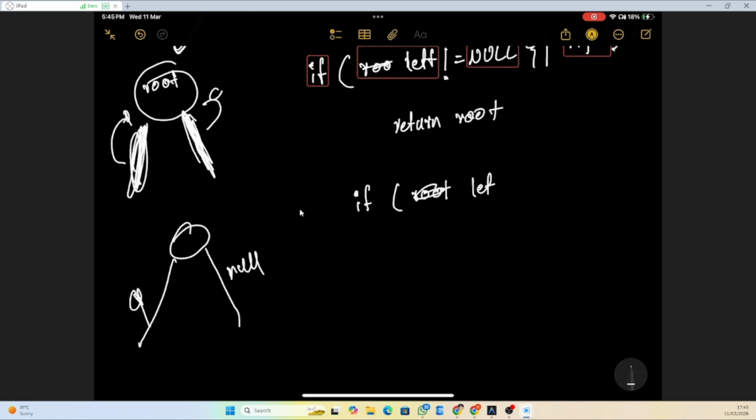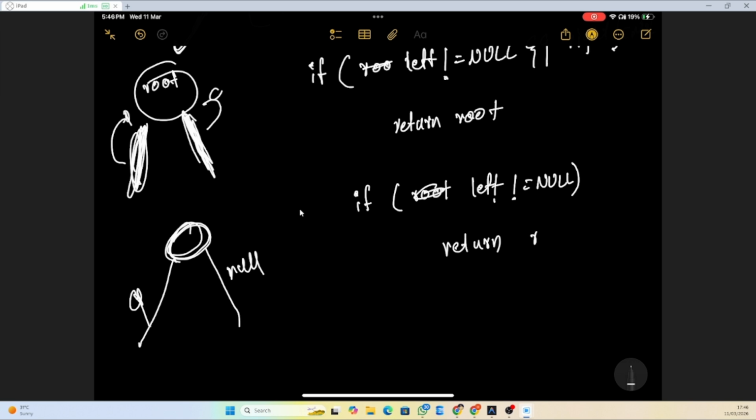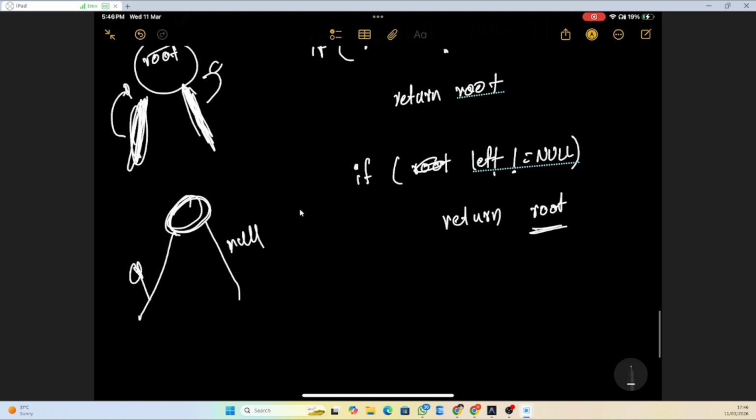If left is not equal to null, what do you want to return? Will you return root? Will you return the root?